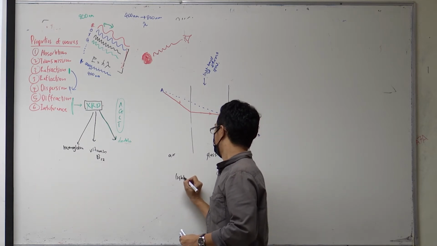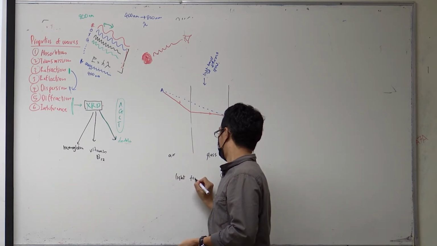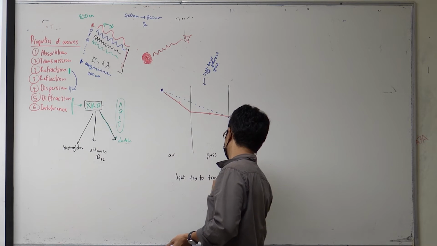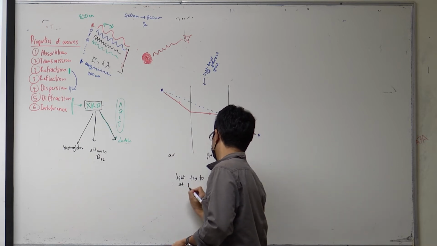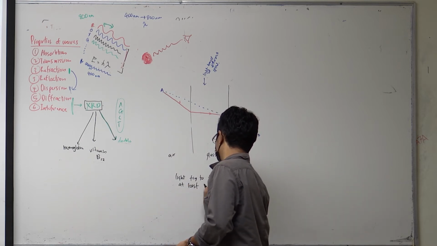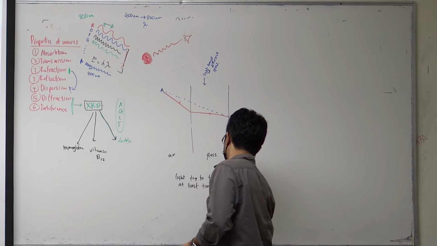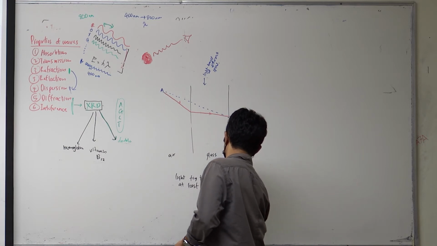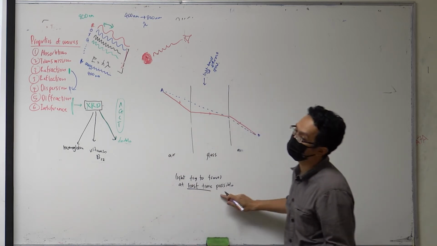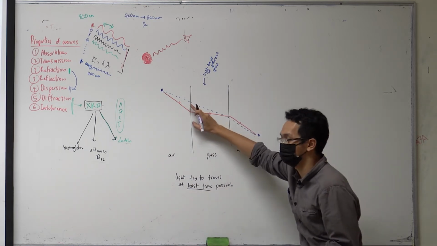Light, or any wave, tries to travel in the least time possible. So least time possible doesn't necessarily mean the straight line.